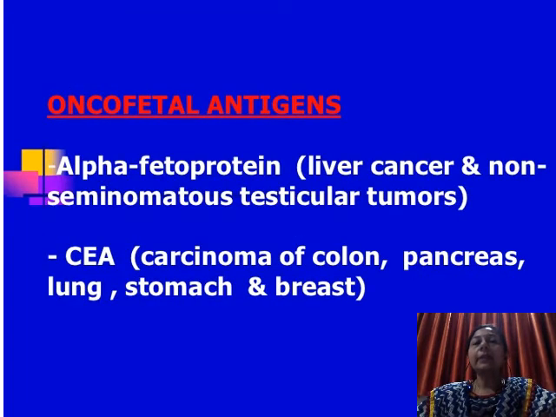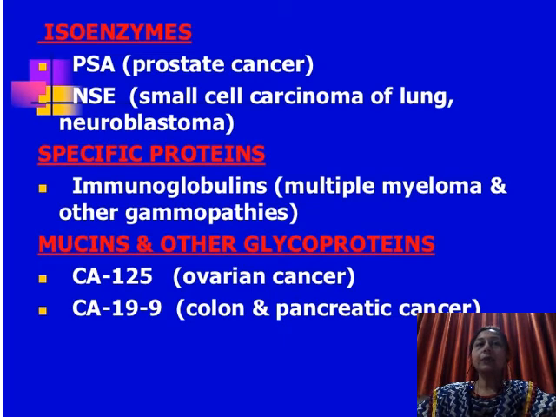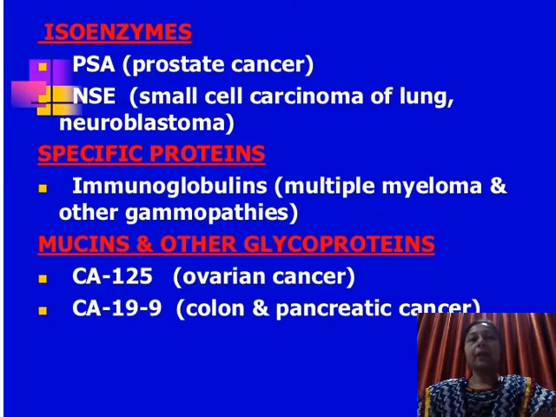Certain oncofetal antigens are present in the blood. Alpha fetoprotein is commonly elevated in liver cancer and non-seminomatous testicular tumors. Carcinoembryonic antigen is commonly elevated in carcinoma of the colon, pancreas, lung, stomach, and breast. Certain isoenzymes and antigens: PSA, prostate-specific antigen, is specific for prostate cancer.